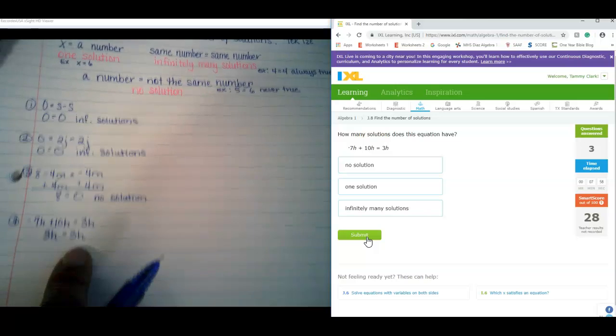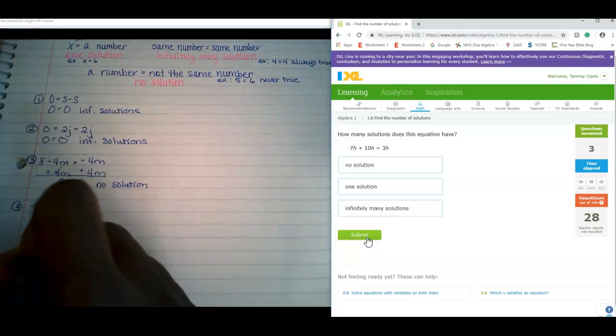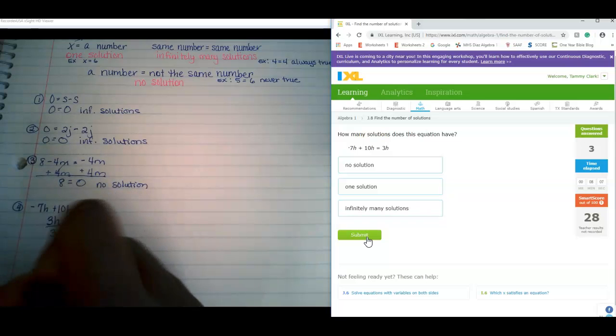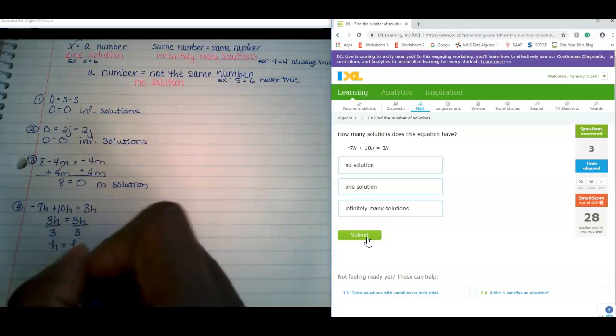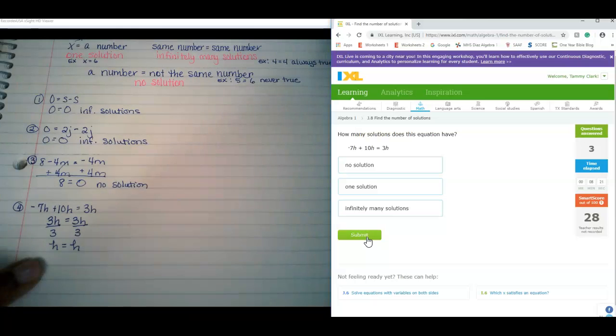But just in case you're needing to do that, I could divide by 3 on both sides of the equation, and that would give me h equals h. Well, h equaling h, there's no way that can't be true. So this would be infinitely many solutions.